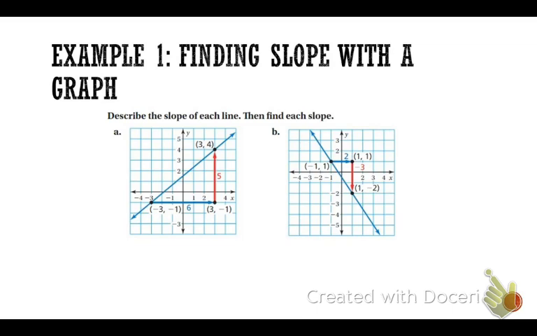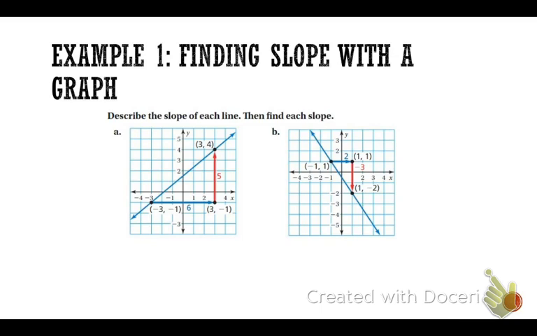There are 2 methods for finding slope. In my teaching philosophy, I'm all about giving you the easiest way to get to your answer. Is that okay with you guys? So when you have a graph in front of you, 3 problems on your homework tonight, this will be on your quiz on Wednesday.